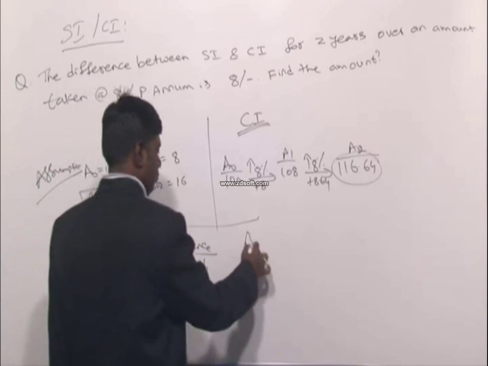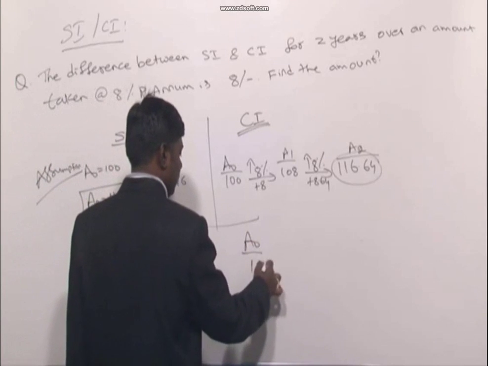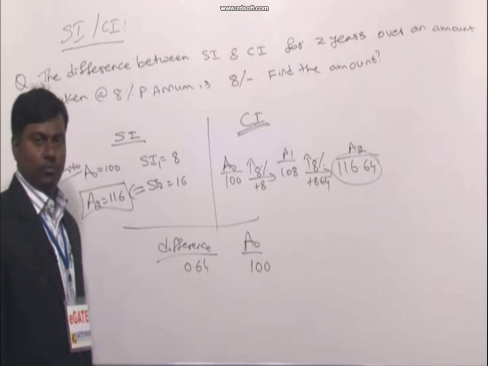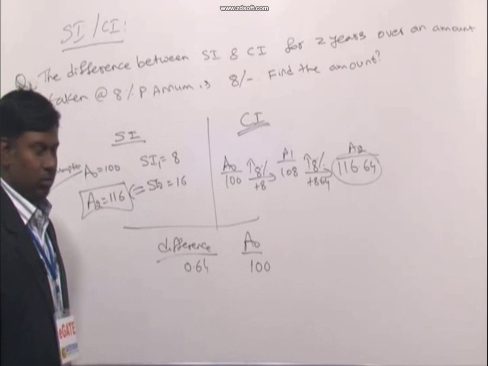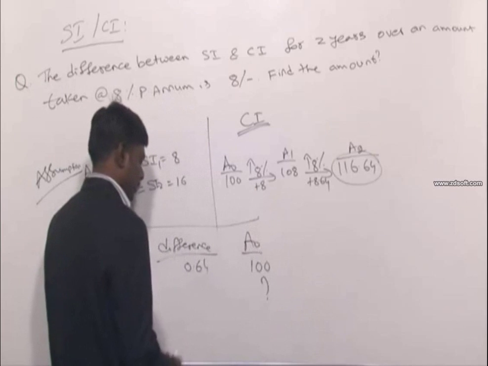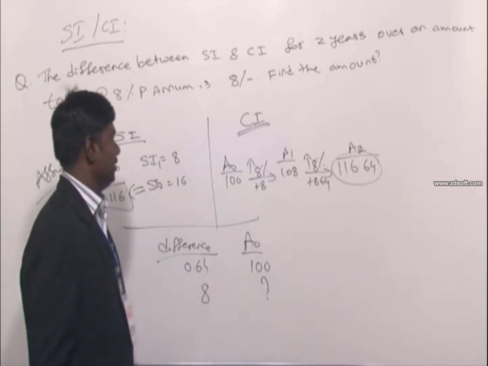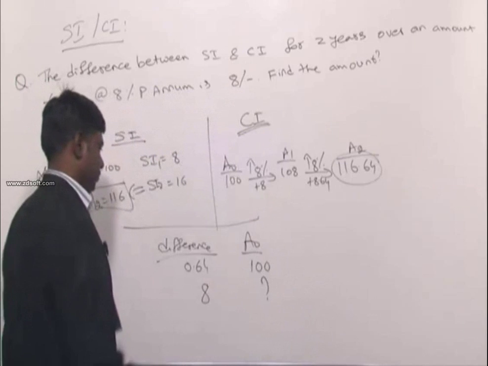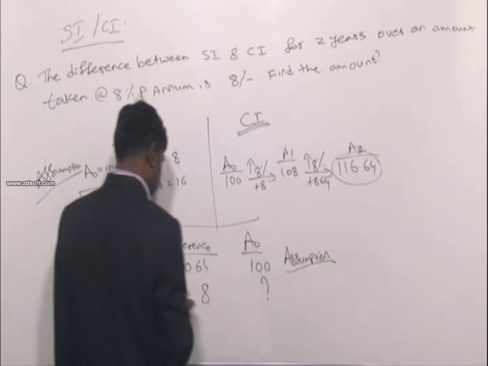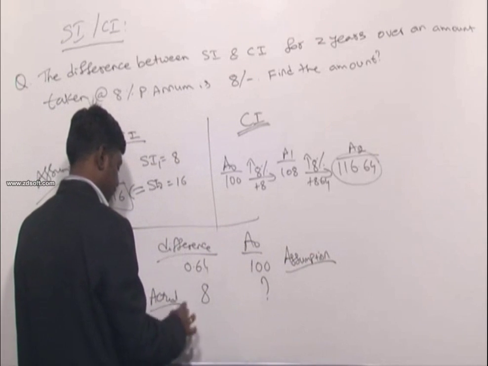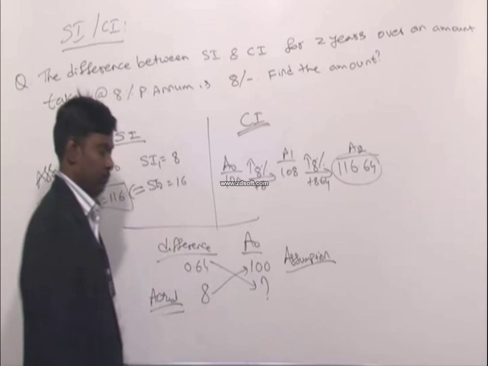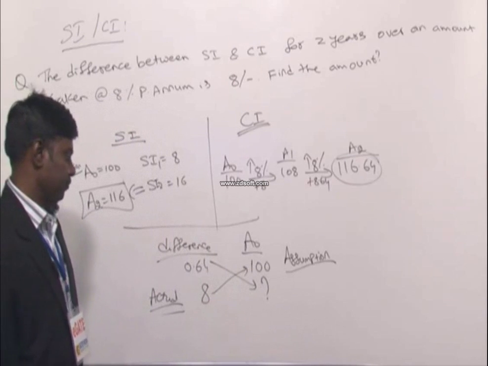You got this difference because you have taken principal amount to be 100. Suppose the principal amount is 1000, you will get difference as 6.4. Suppose you take principal amount to be 10,000, you will get 64 rupees. Right? So the difference is 8 rupees. So this is based on assumption, whereas the actual scenario is this. This is the actual scenario.